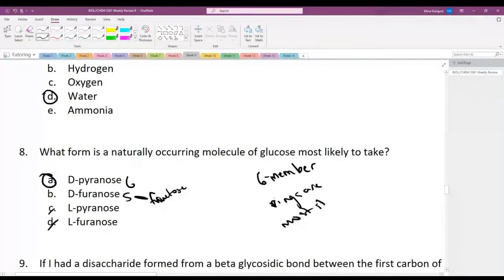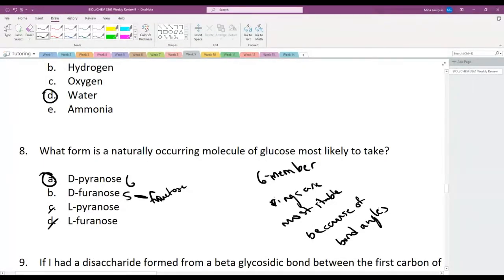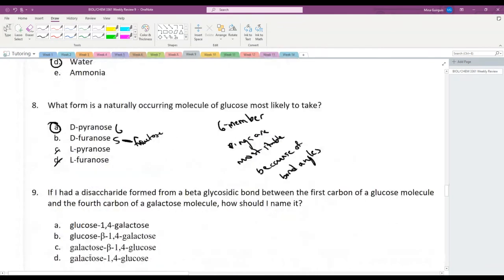Most stable, I guess would be an appropriate way to say it, because of bond angle. All right. So while there definitely are 5-member rings that are stable, like fructose, if you're really not sure, and you don't know any exceptions, guessing that something is a pyranose is not wrong to do. Okay. All right.